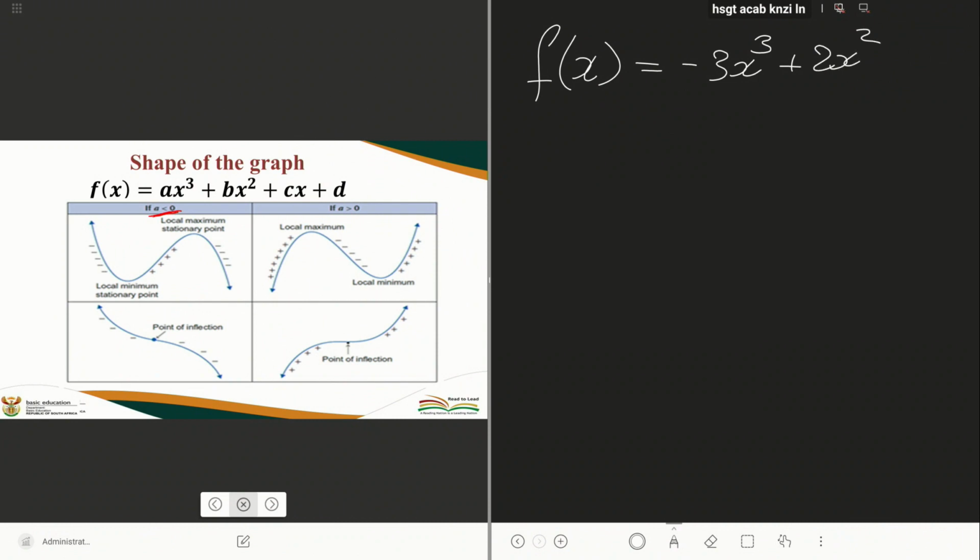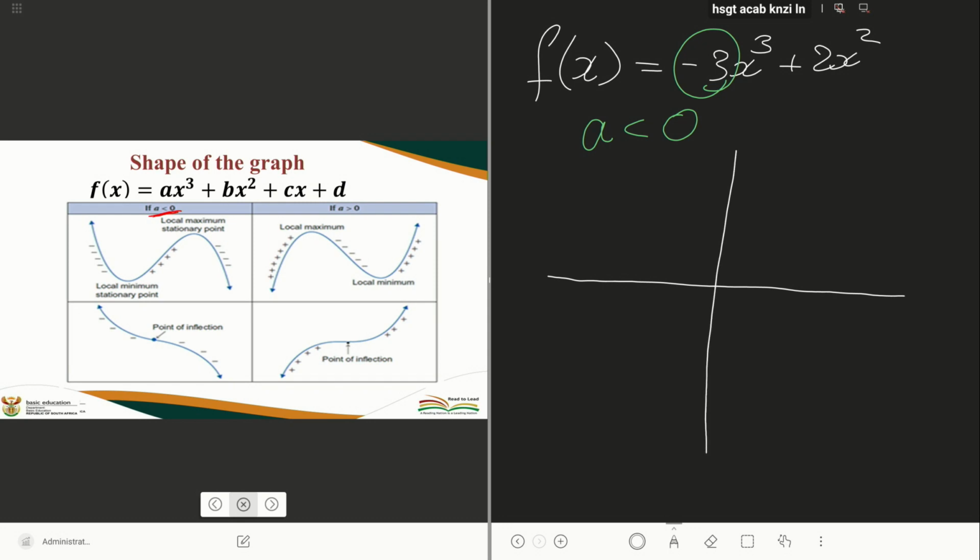When the value of a is less than 0, the graph will start by going down, then come up, go up, and then go down.